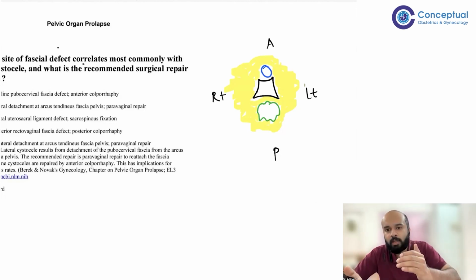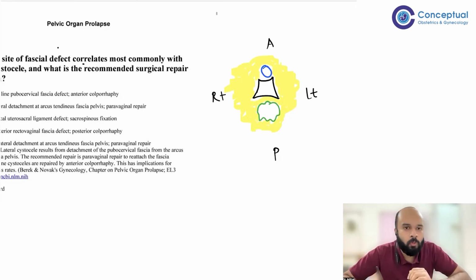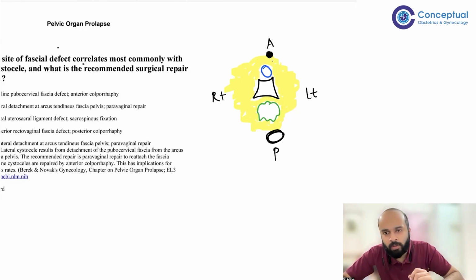The one that is there between my bladder and my pubic symphysis, if I make my pubic symphysis with a black pen over here, this is my pubic symphysis. And posteriorly, I have my sacral promontory. So between my pubic symphysis and my cervix or my vagina, this anterior tissue is called the pubocervical fascia.